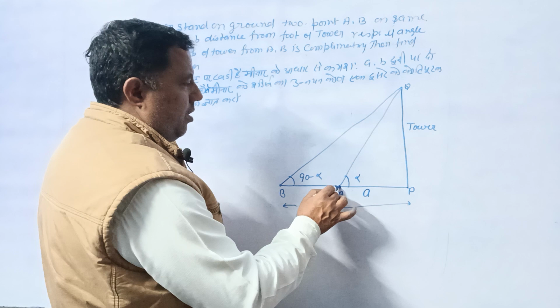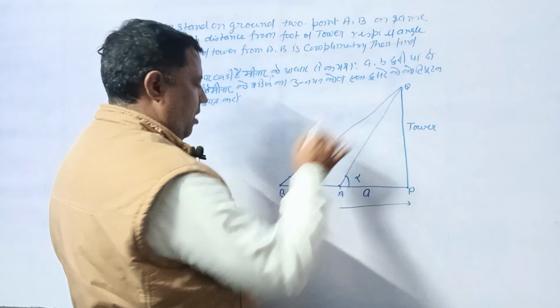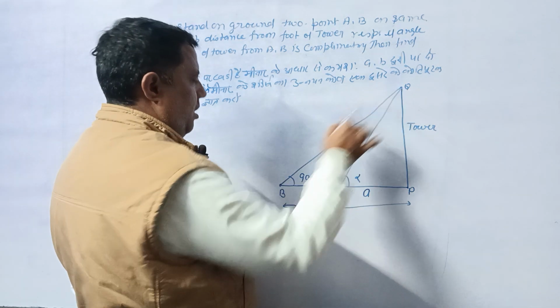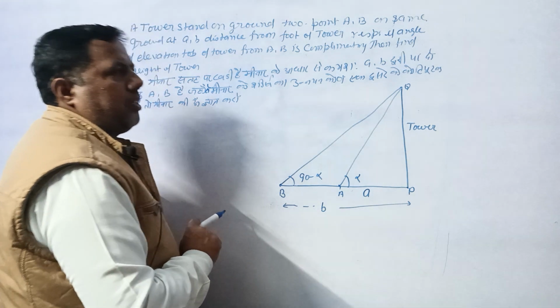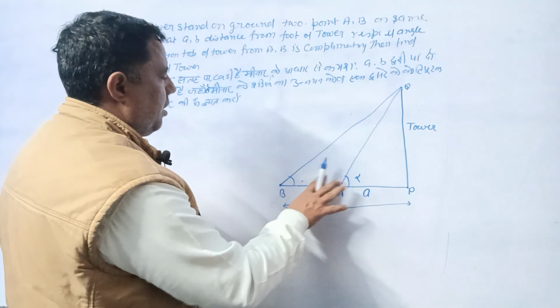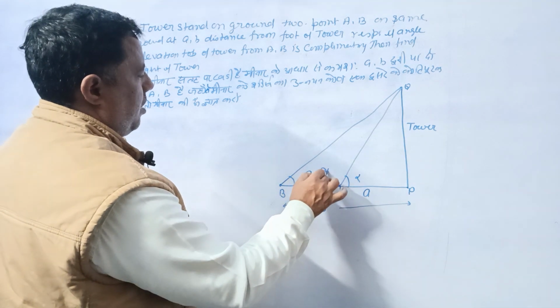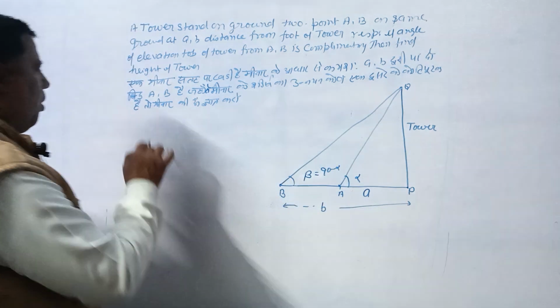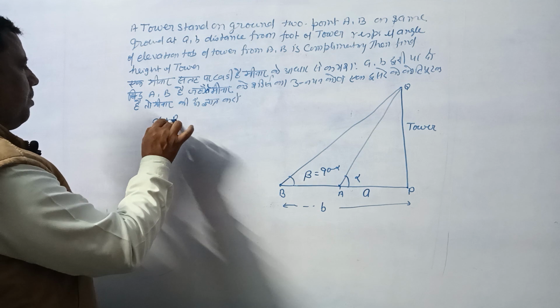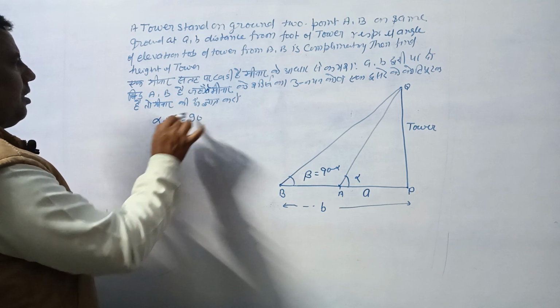From here the angle of elevation is alpha. From here the angle of elevation is 90 minus alpha. Let us suppose beta, that is 90 minus alpha. Why? Both the angles are complementary to each other.